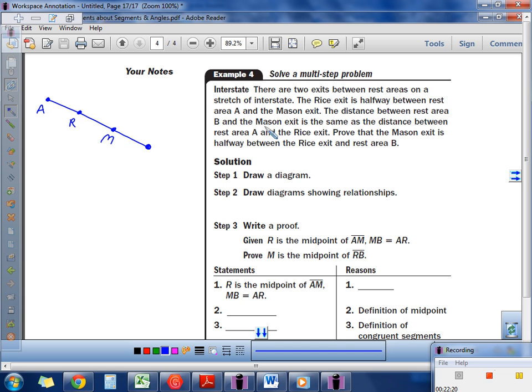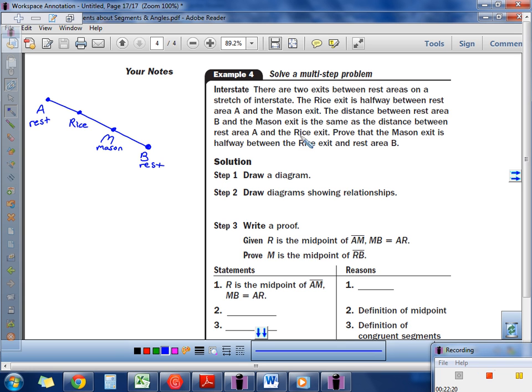Oh, we don't have a B. Oh, remember, rest areas are on the other ends. So once again, it's Rice. We have Mason. And we have our rest area B. We have our rest area A. Once again, the distance between rest area B and Mason is the same as the distance between A and Rice.